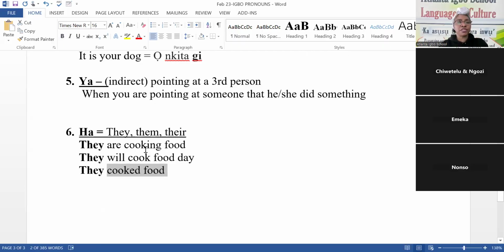When you say they are cooking food, ha, because the word there means ha. So you can say, ha na esi nri. They are cooking food. Now they will cook food. Don't forget, the future is ga.